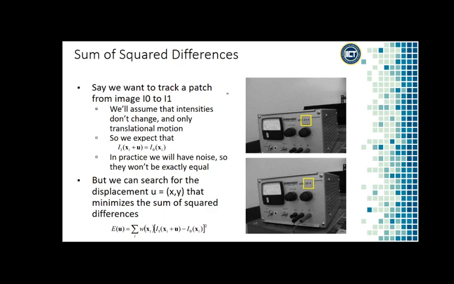So let's say we want to track a patch from image I0 to image I1. So this is image I0, this is image I1, and as you can see, this I1 image is a kind of translated version of I0.